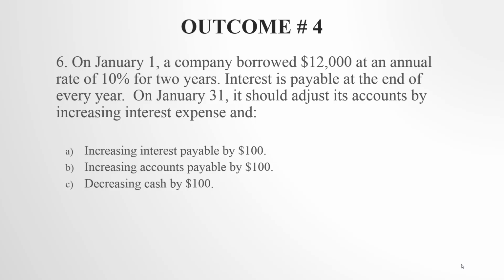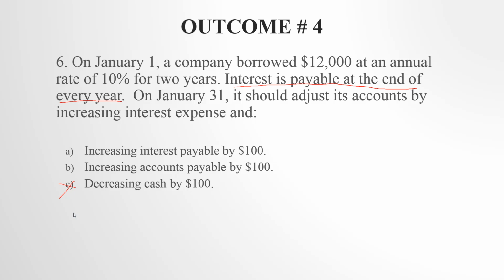Now we know that the company pays interest at the end of every year. Therefore, it will not be paying cash at the end of January, and therefore C is wrong. Let's look at B, increasing accounts payable by $100.